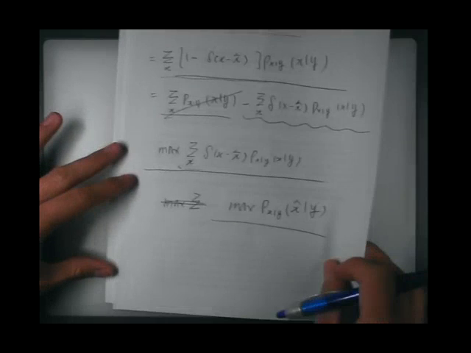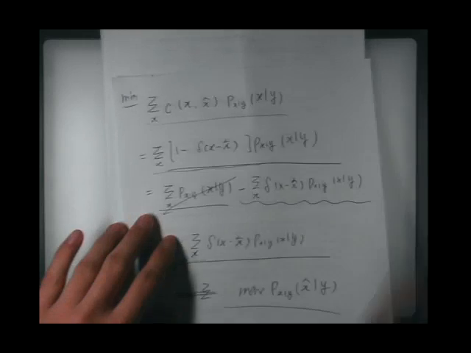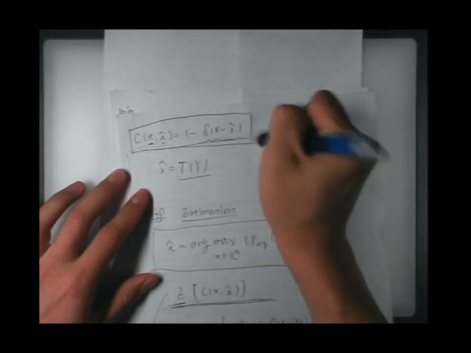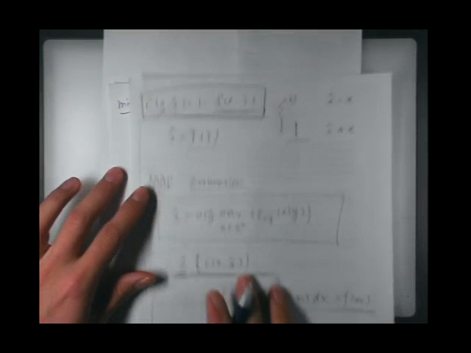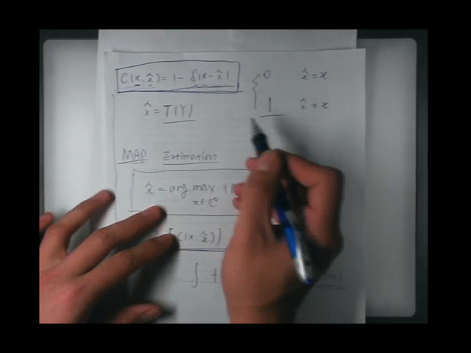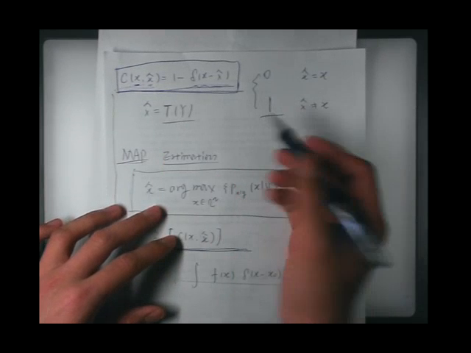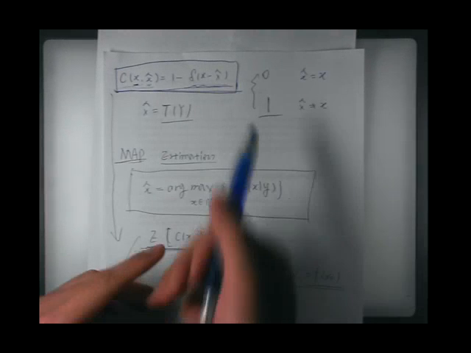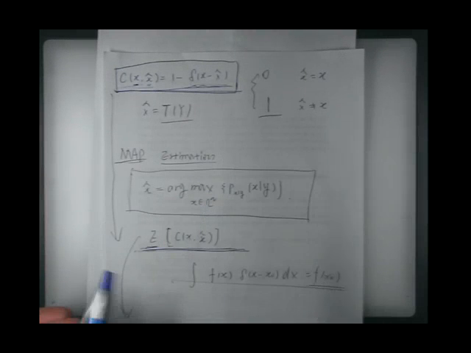How we get the definition of this cost function might be problematic. What's the problem of this cost function? So very strict. Exactly, it's very strict. It only has two possible values.